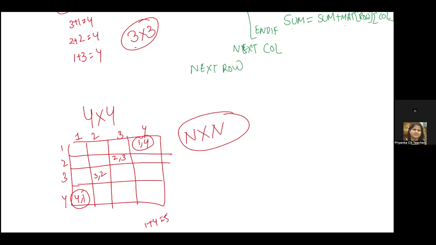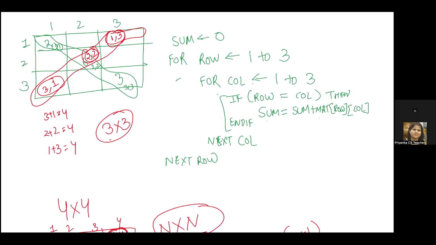So in this case, if you want to find the elements of the right diagonal, what is the formula? Row plus column is always n plus 1. So what we will do is just change the criteria here. If you are finding the sum of the right diagonal elements, what will you write?